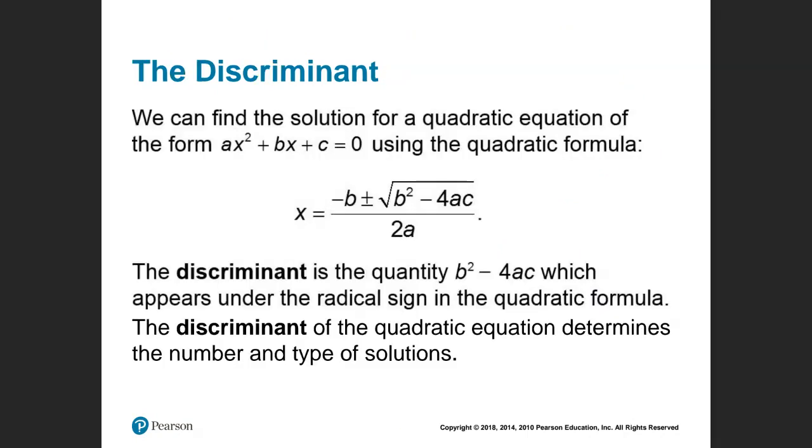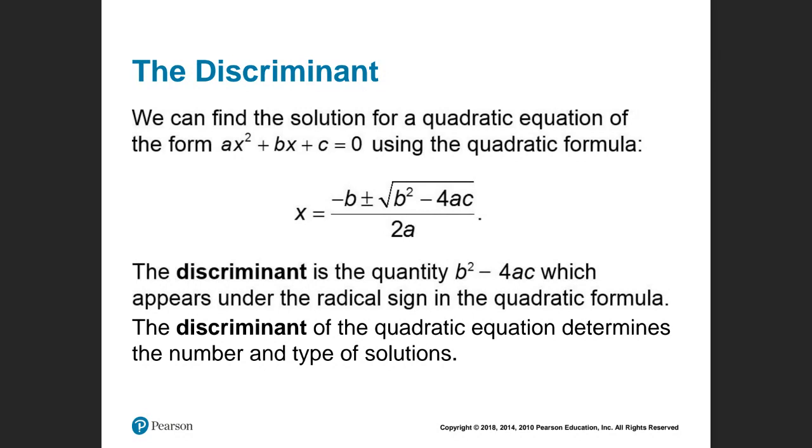Okay, so now the discriminant. We can find the solution for a quadratic equation of the form ax squared plus bx plus c equals 0 using the quadratic formula. So x equals negative b plus minus the square root of b squared minus 4ac, over 2a.